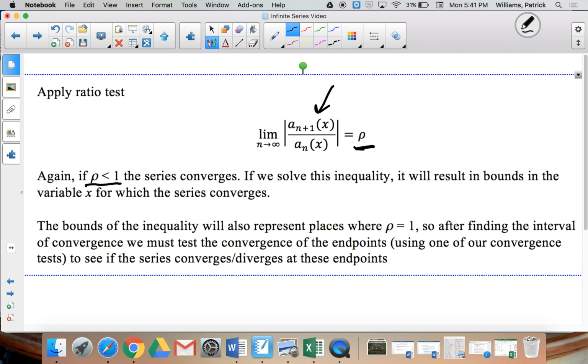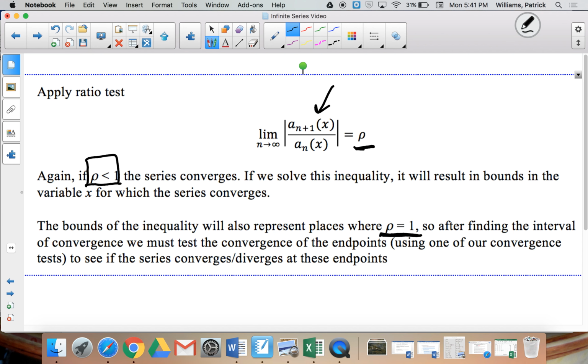So we also have a little bit of an extra mile we have to go with this. When we find the places where that ratio is less than 1, we know it converges there, but when the ratio is equal to 1, the test is inconclusive, and what these represent are the boundaries of our bounds.